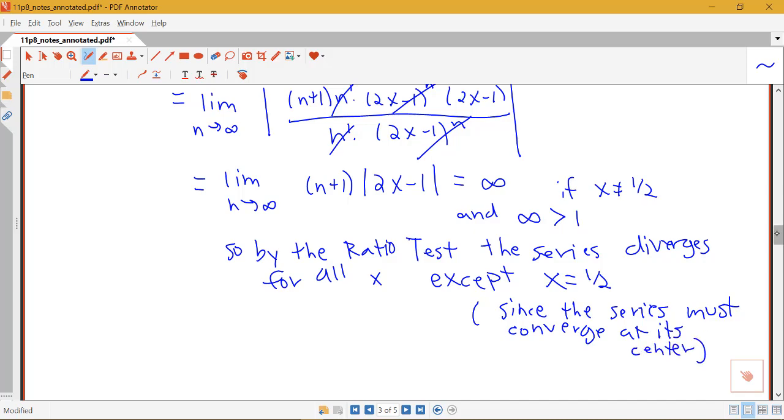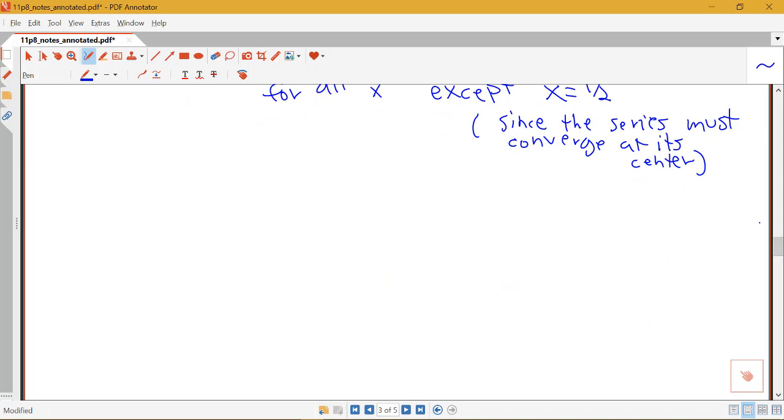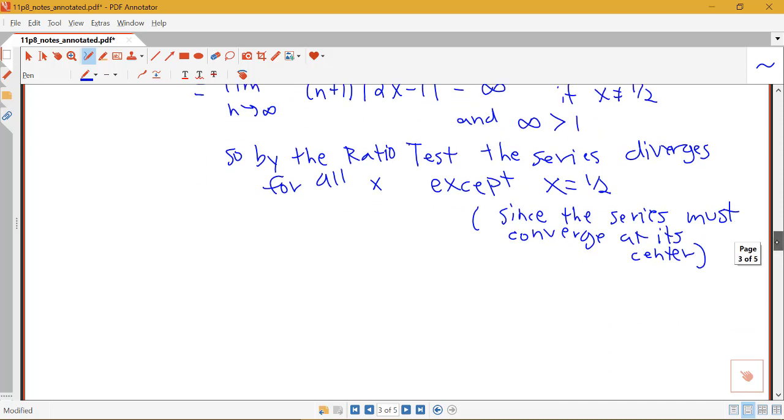Okay, so we can say that our interval of convergence, in this case, is just the point 1/2. Okay, so it's not much of an interval, it's really just that one point.